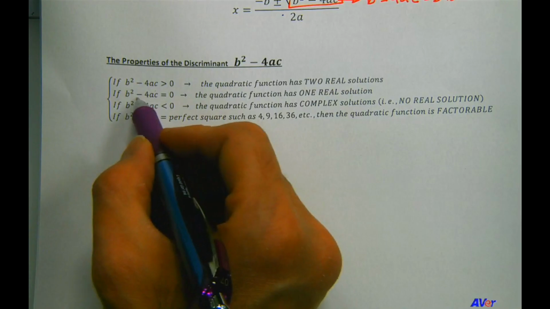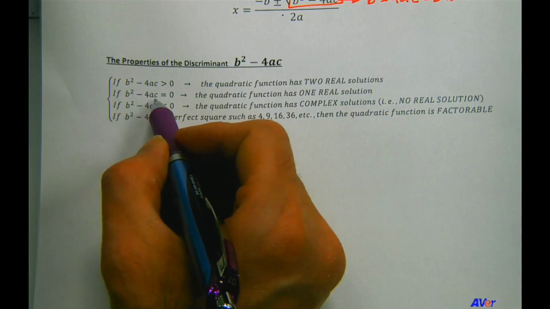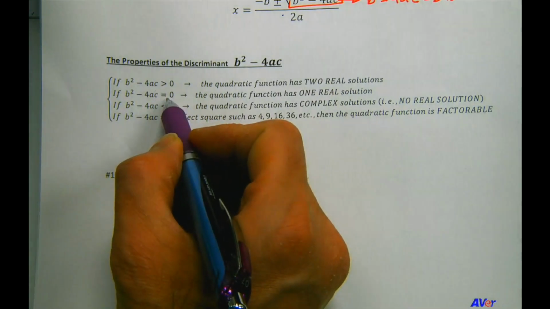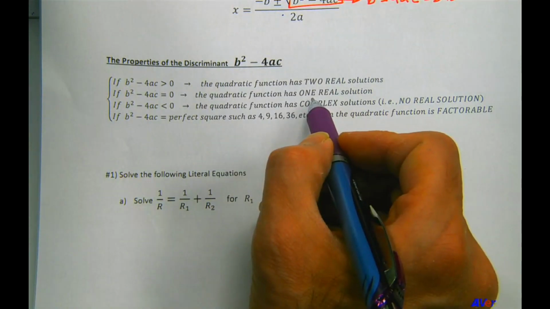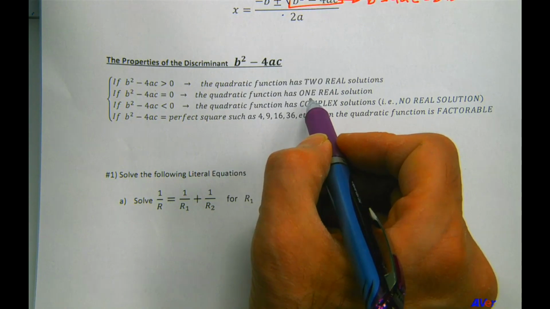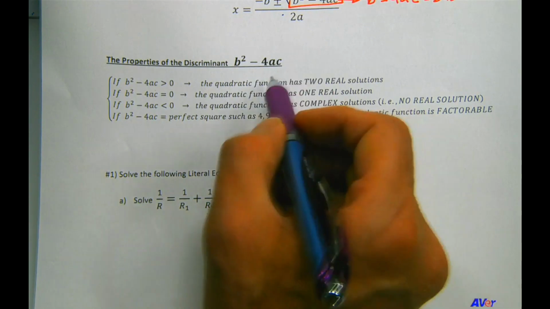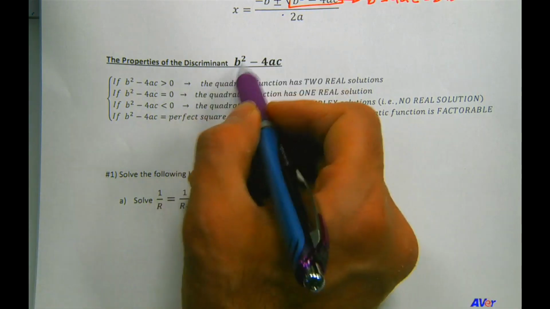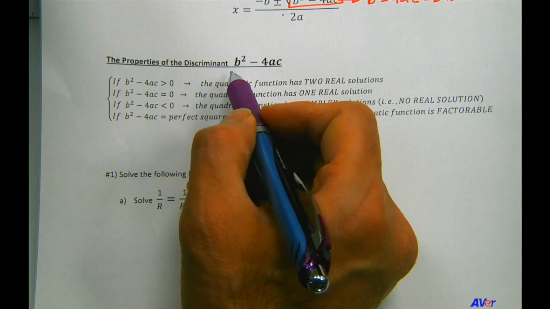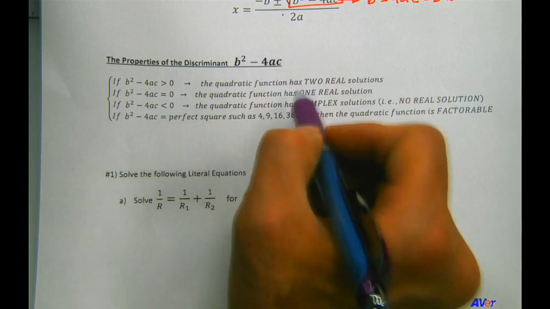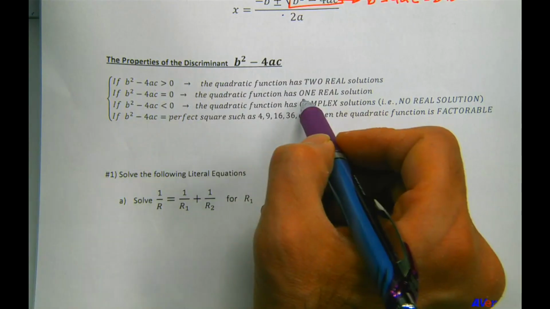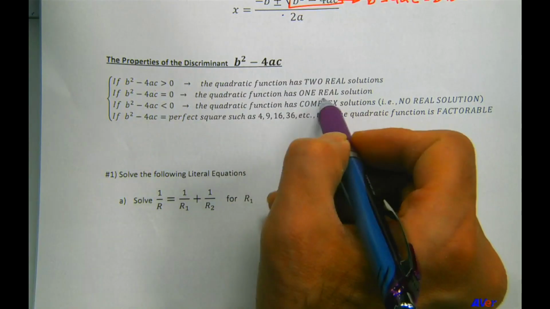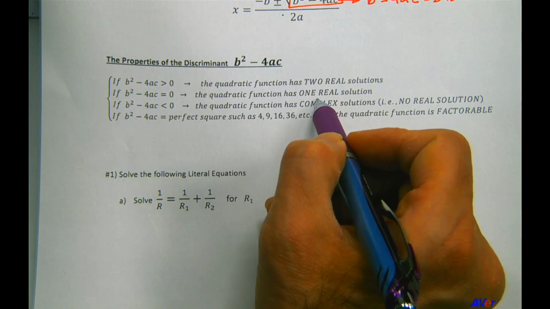If the discriminant, or b squared minus 4ac, equals 0, then the quadratic function has one real solution, just one. Because it's a quadratic equation, because x is squared, it must have two solutions. So if the discriminant is equal to 0, only one of those two solutions is a real solution, which is the main focus of this course.